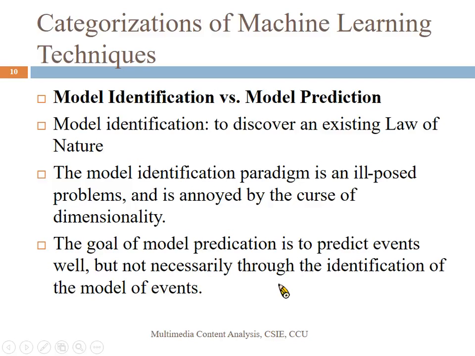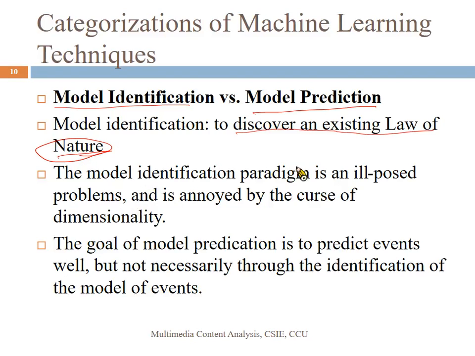So the final perspective to categorize machine learning technologies is model identification versus model prediction. Model identification is actually similar to the generative model. Model identification is to discover an existing law of nature. So it assumes that all objects are generated by some backend models, and we want to discover some existing law of nature.